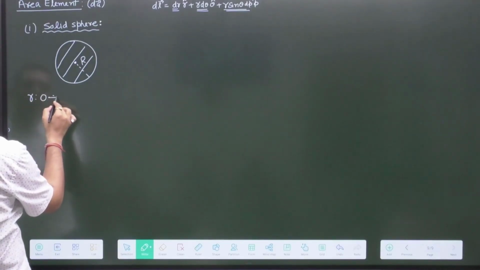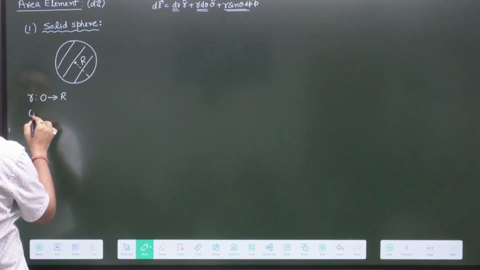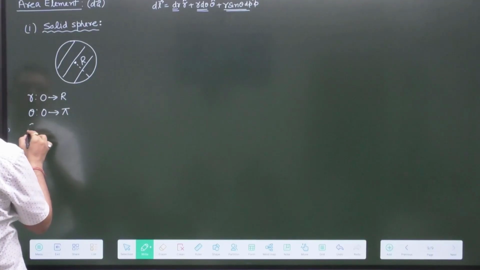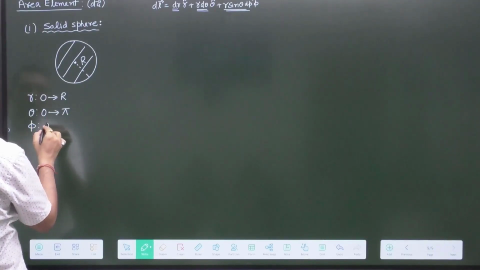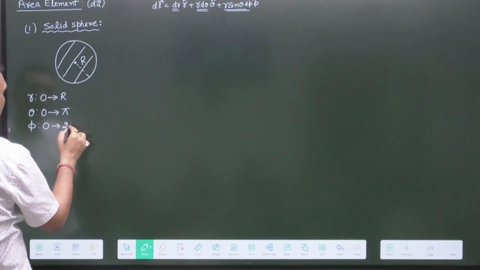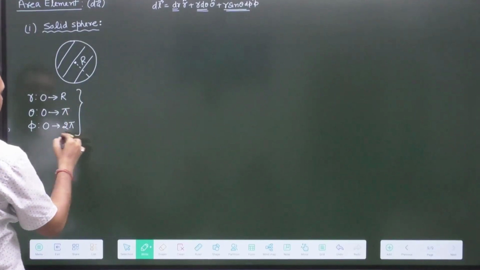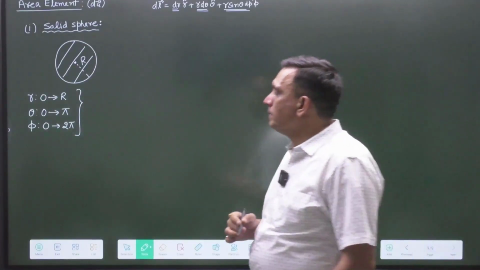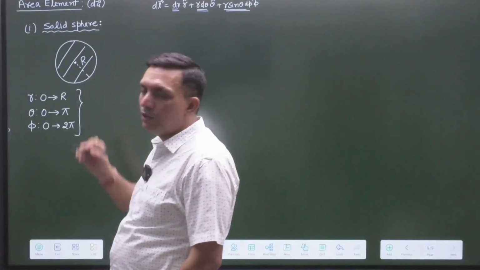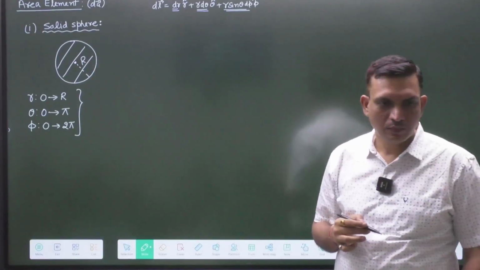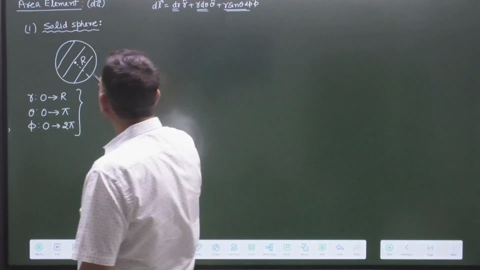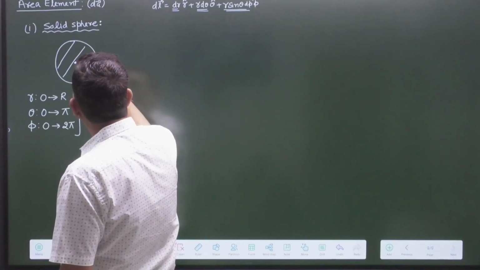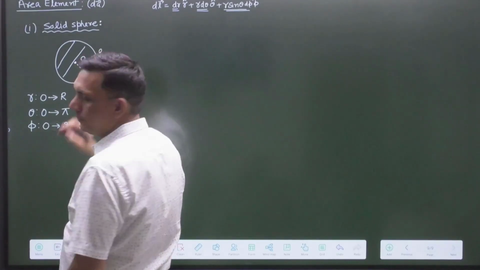R varies from 0 to capital R. Theta varies from 0 to pi. And phi varies from 0 to 2 pi. Because it's a sphere. And this volume is surrounded by how many surface? One surface. So this volume is surrounded by one surface, and that surface is r equal to R surface.